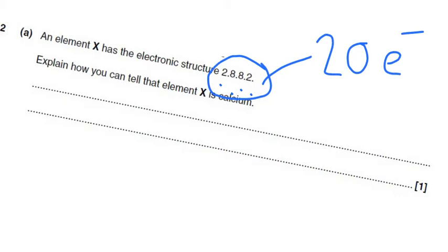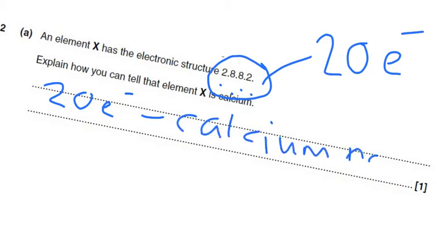That's completely true, but it wouldn't be sufficient enough to just say because it has 20 electrons. If you talked about the fact that there are 20 electrons, and there are 2 ways in which you could potentially write this, and the fact that 20 electrons, calcium is number 20, that's one potential way.